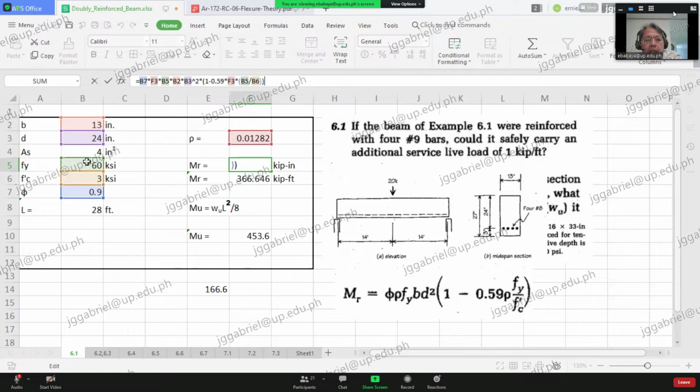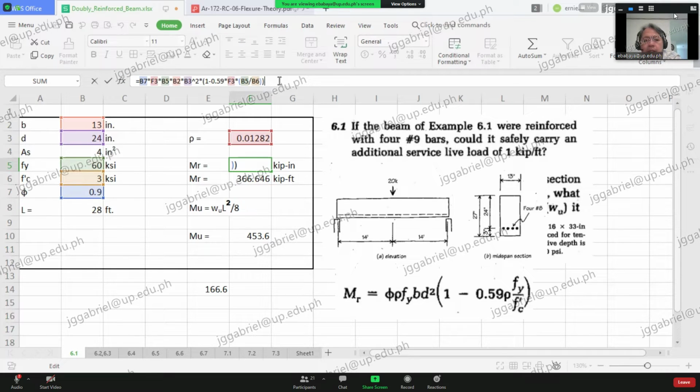And then b is 13, d squared, 24 squared, times 1 minus 0.59 times rho fy over f'c. Do you see the formula?